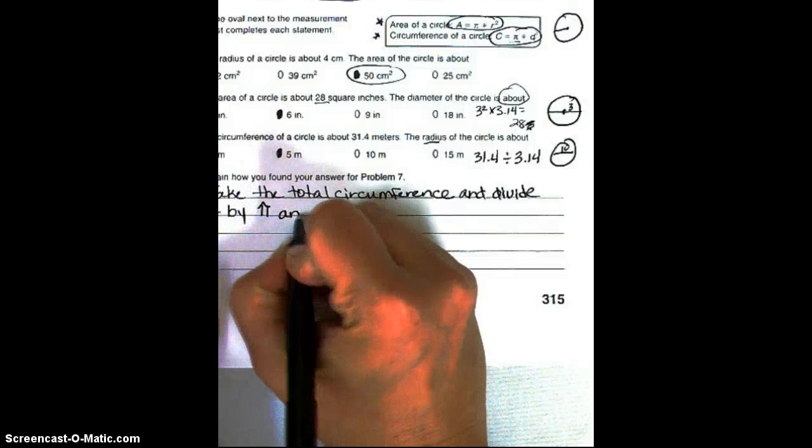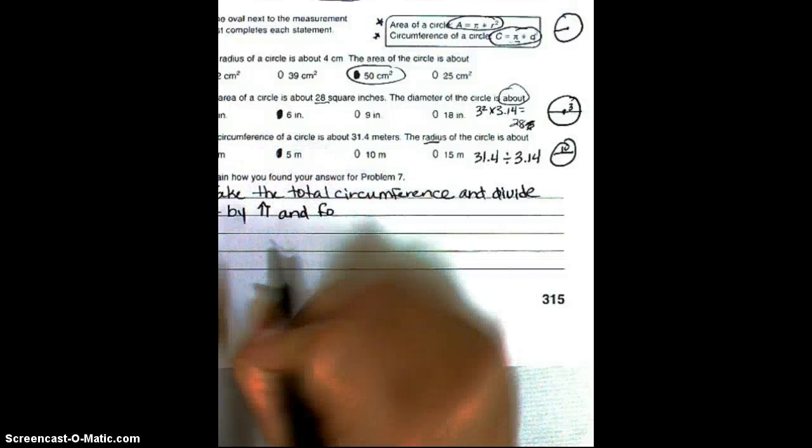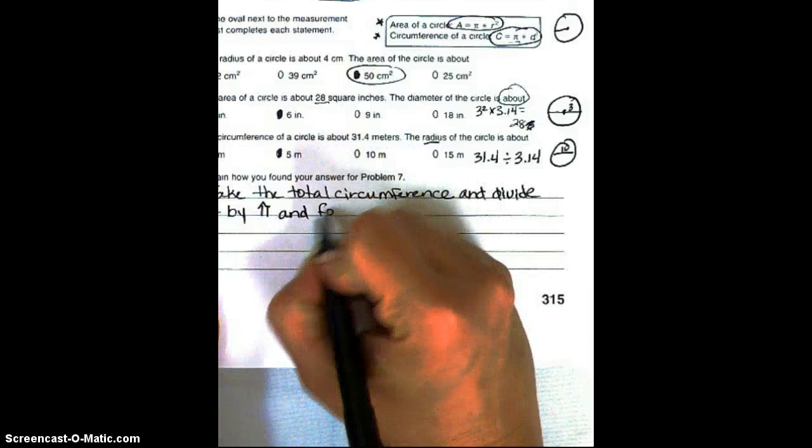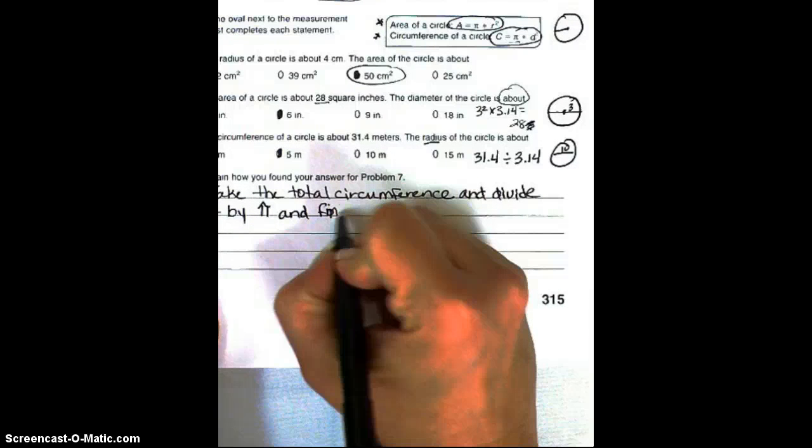Instead of multiplied, we did the opposite. Divide it by, and we can say pi or 3.14, either way. Take the total circumference and divide it by pi, and you'll find the diameter.